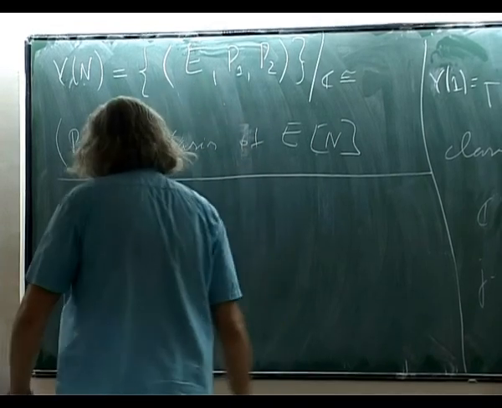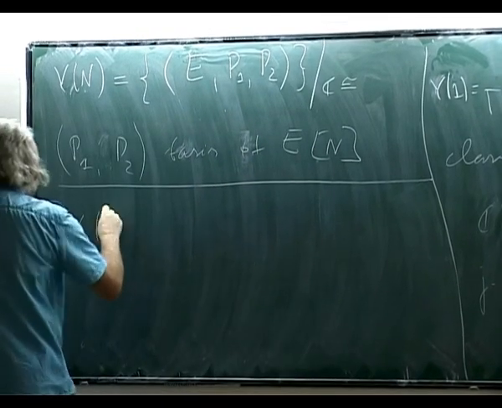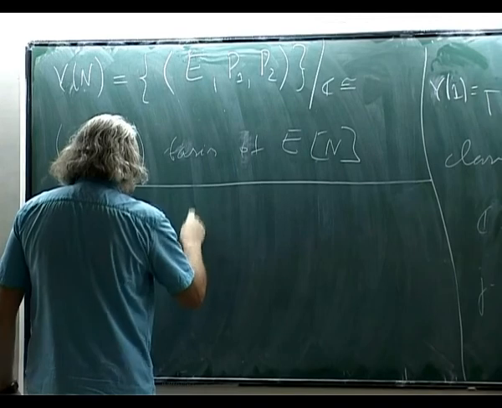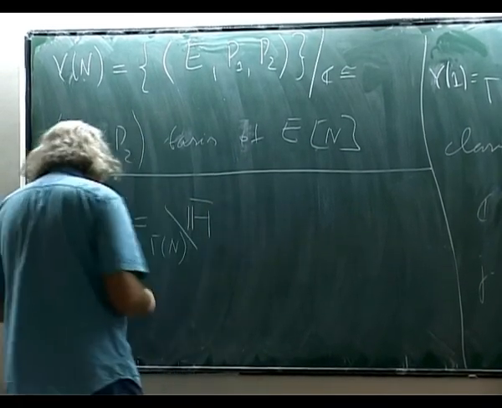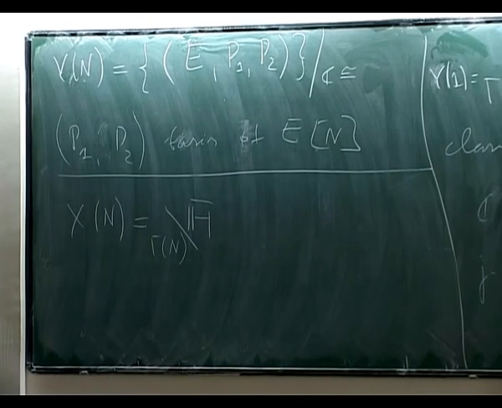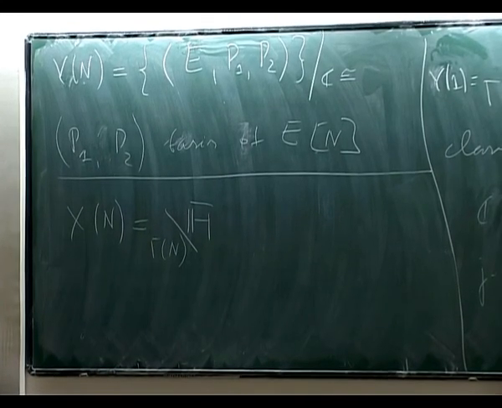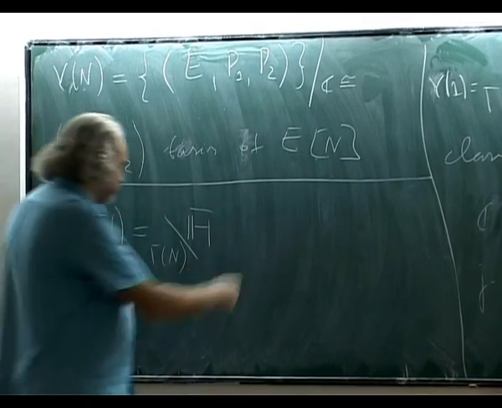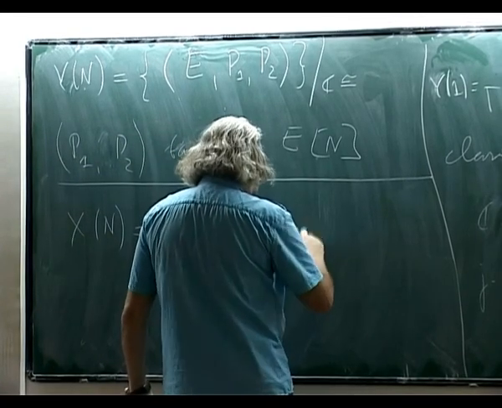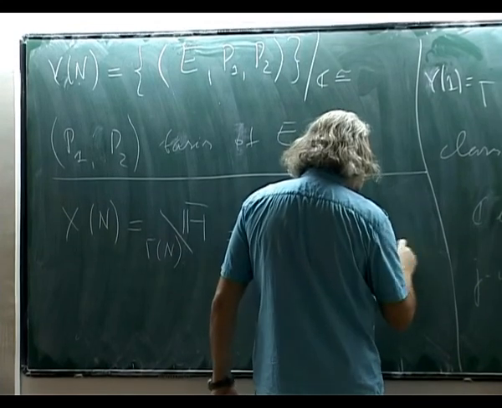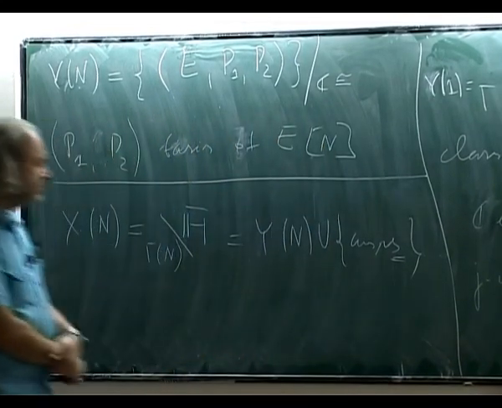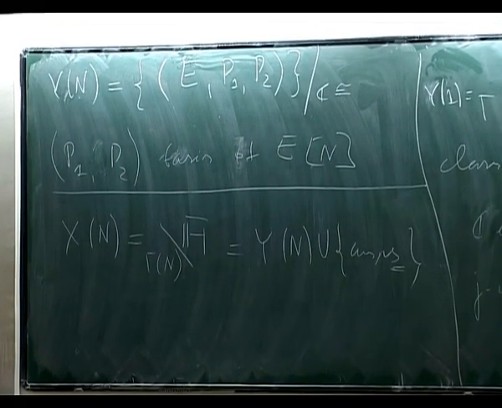So X(n) is just Y(n) extended by the cusps of Gamma(n). This is called the principal modular curve. It has many cusps, but finitely many cusps.